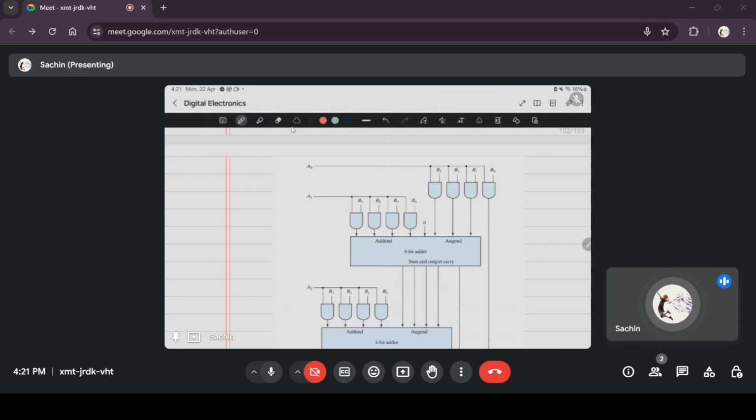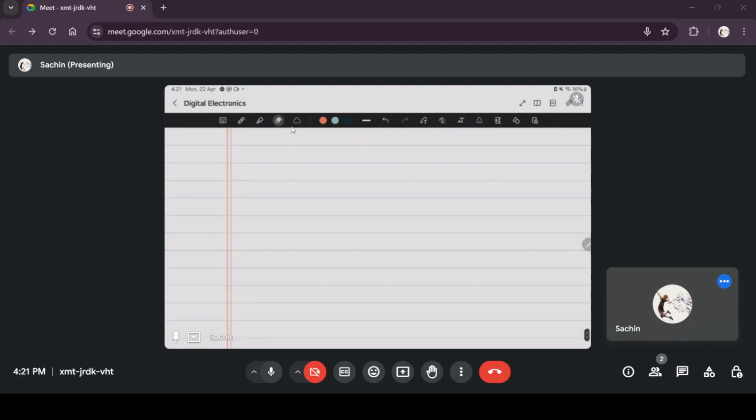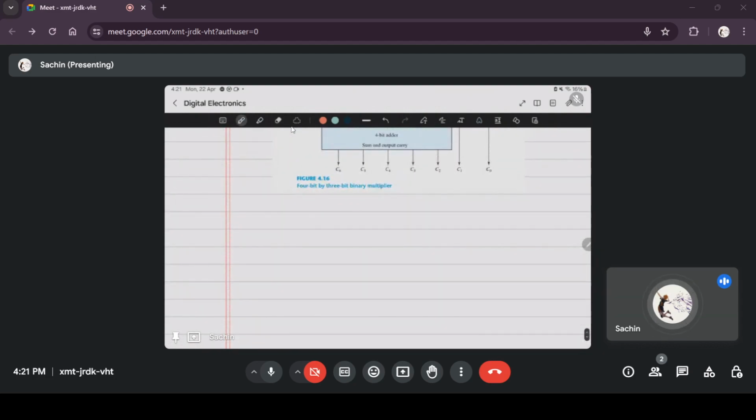So the logic again here, when you are multiplying a number B3, B2, B1, B0, let's say, let me write it down here.